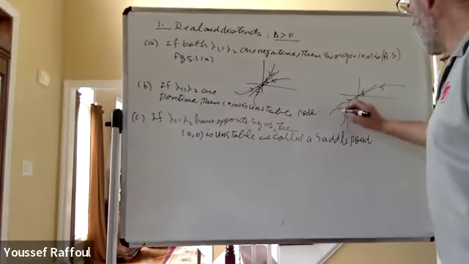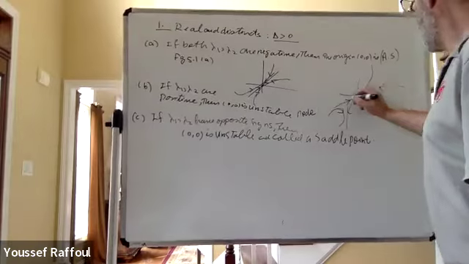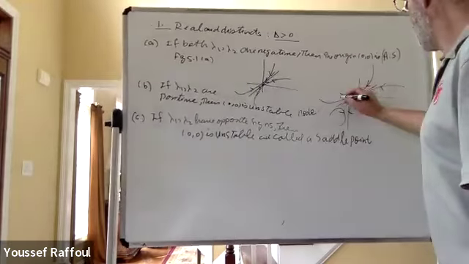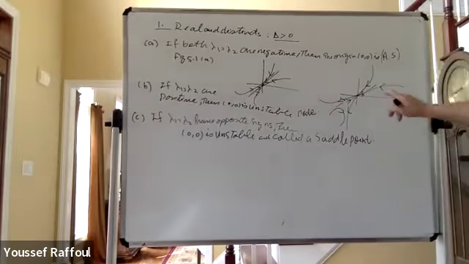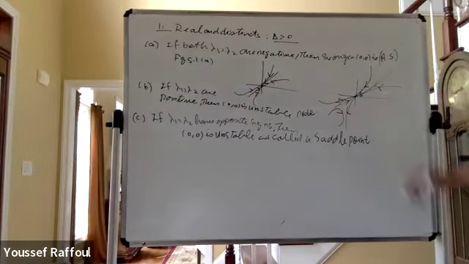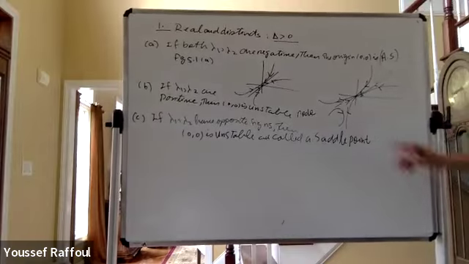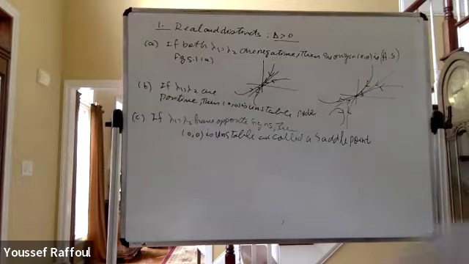And things will be going like this, and things will be going like that. The arrows only for the real line, this is the eigenvalue when lambda is negative. And for the other ones, you will have curves like that around them. So this is called a saddle point.